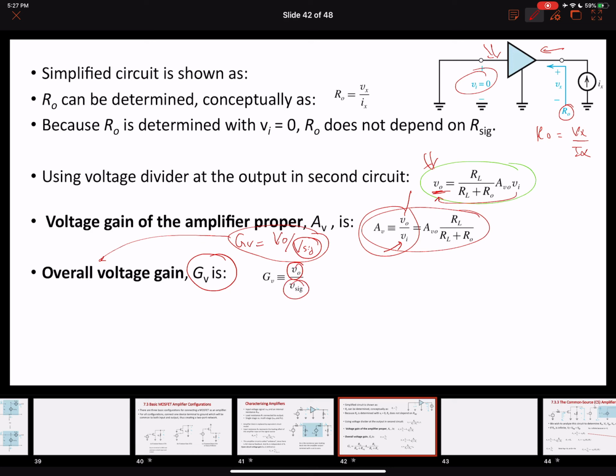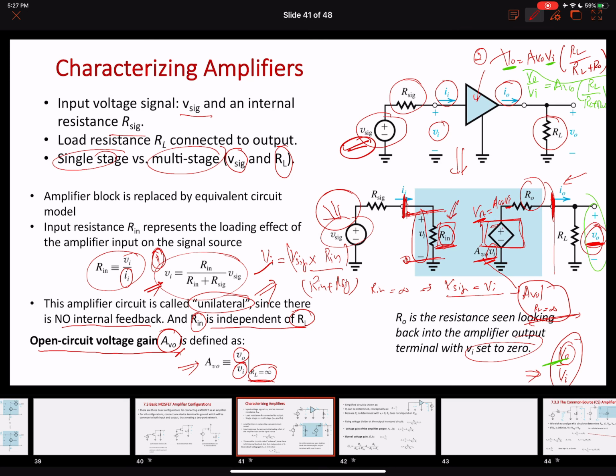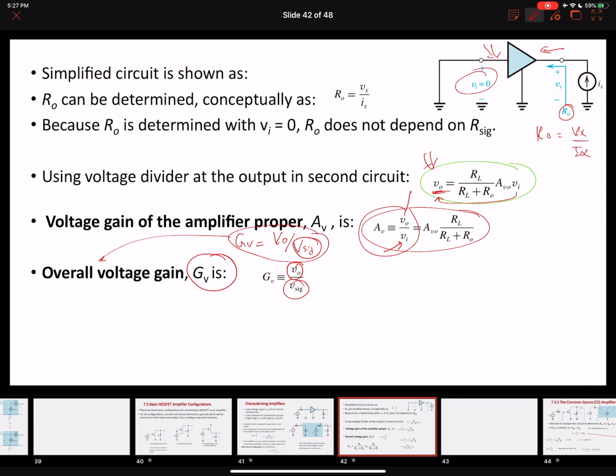The two equations we have derived by now are the voltage divider at the input and the voltage divider rule at the output. One is the voltage gain and the other is the input voltage. Over here, I can see that I have a V0 and I need a Vsig.